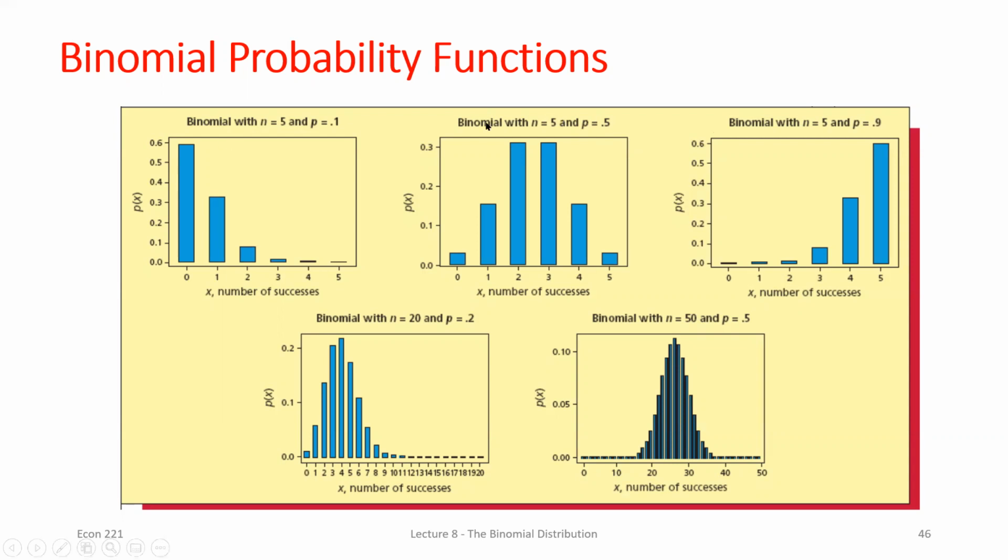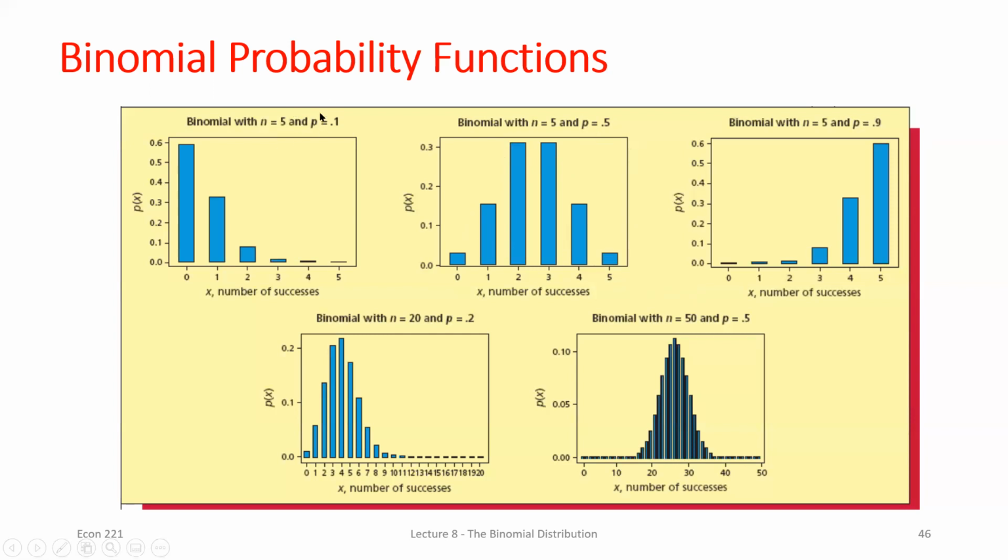Those are going to be our most likely outcomes. Notice here, relatively high probability of occurring, 0.3. We don't get a whole lot higher than that. And then as I move in either direction from that value of 2.5, the probability of a higher or lower number of successes starts to fall. So whenever I have this probability of 0.5, I end up with a nice symmetric distribution.